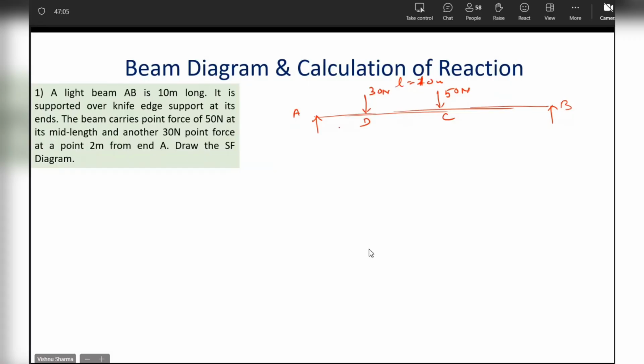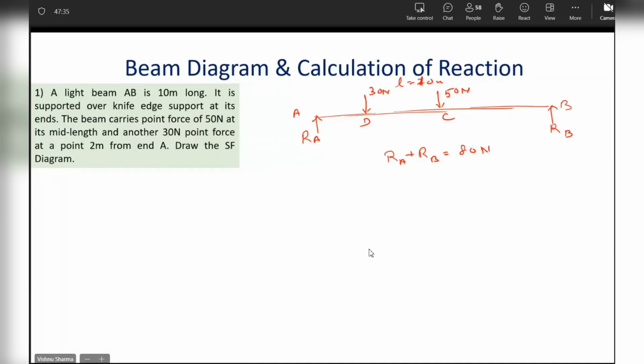Now this is where the beam diagram has been made. Next we write, let us say the reaction at A is RA and the reaction at B is RB. So we write the reactions at the supports. Then we say RA plus RB is equal to 80 newtons, for reasons I've already explained, because the total downward force must be supported by the total reaction.